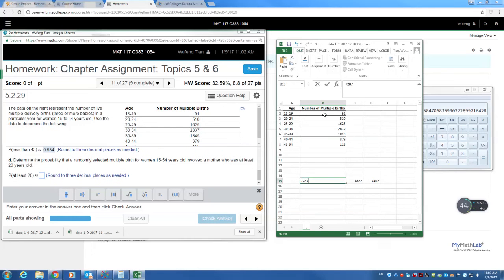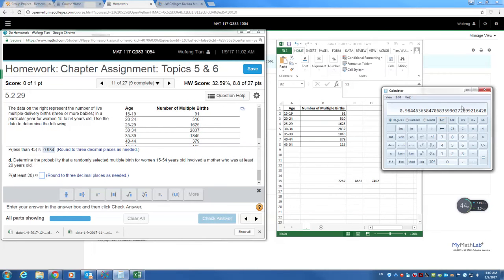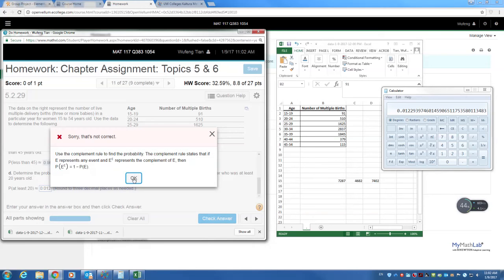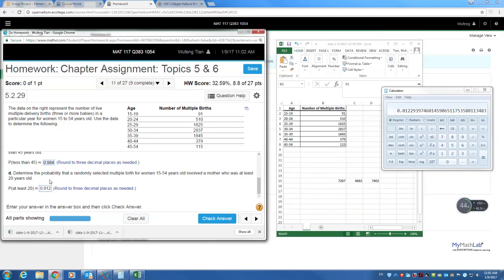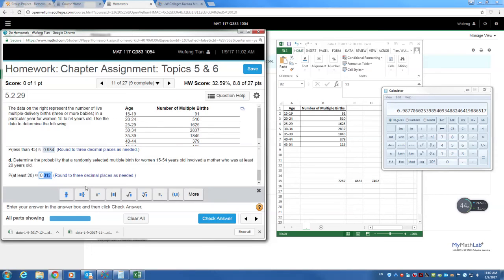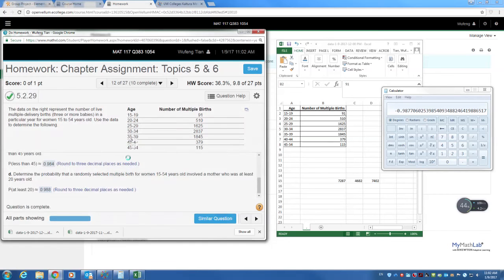Less than 20 is 91, so 91 divided by the total, 7402, is 0.012. At least 20, so I have to do 1 minus this number, 0.988.